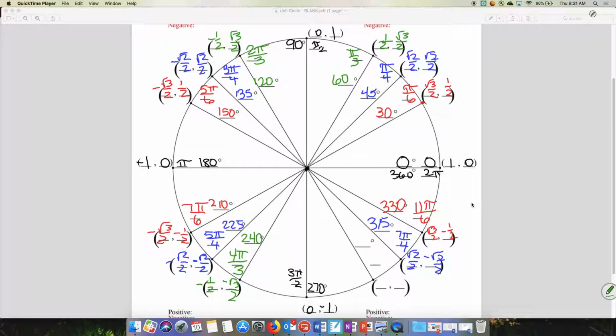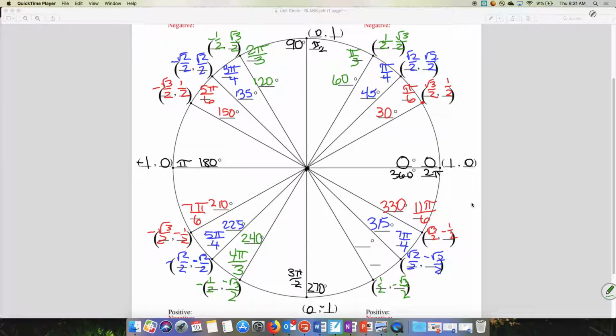So I think even without this triangle, we all can see the pattern that this last coordinate, since it's a 60-degree reference angle, is going to have a 1/2 for x and radical 3 over 2 for y. But since we're in the fourth quadrant, we know that the y would need to be negative.